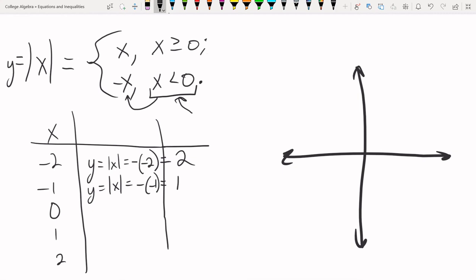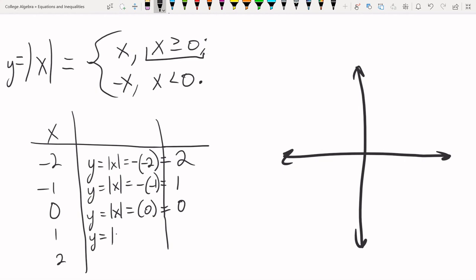Now when x equals 0, we have this top case. That's when x is greater than or equal to 0. So we have y equal to the absolute value of x, which equals just x, which is just 0. The same thing is true for 1. We have just x there. We get 1.